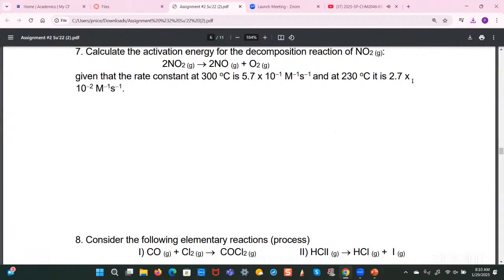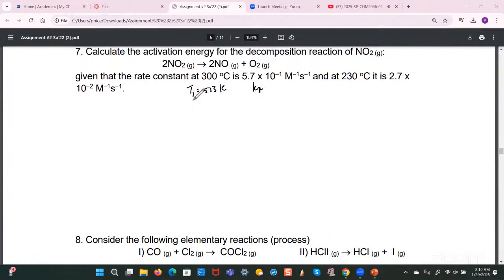So what we can say is that the 300 degrees is T1, but remember now, it has to be in Kelvin. So what you have to do is add 273 to that, and that gives you 573 Kelvin. This will be the rate constant, I'm sorry, this will be K1.